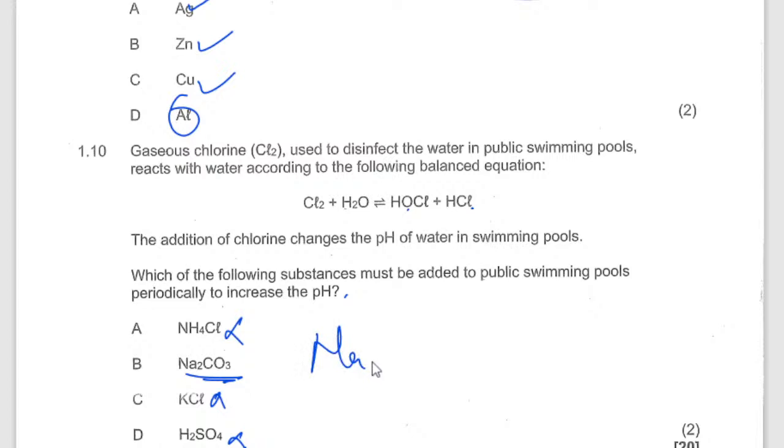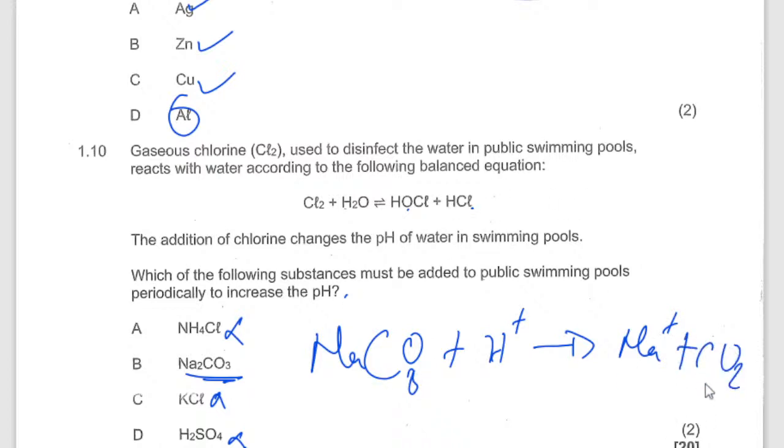Because when sodium carbonate reacts with any acid, it could be the hypochlorous acid or this, it is going to reduce the acidity. It does so by giving a salt, maybe sodium chloride, plus carbon dioxide plus H2O. So it makes it a little bit neutral, and then the pH starts to increase. So B becomes the most correct answer.